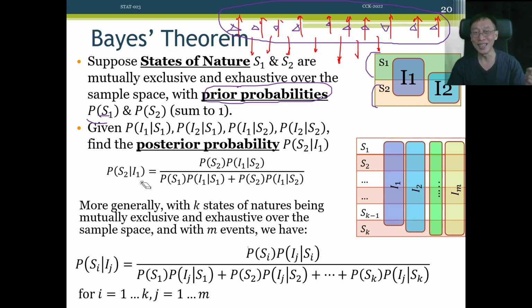But it is way easier, or at least feasible or cheaper or faster, to gather probabilities like this. Given S1, what's P of I1? Given S2, what's P of I1, I2? Because conditional probabilities done this way are easier to gather, but what we really want is the other one, the flipped over conditional probabilities. So what do we do? We gather all these numbers and use Bayes' theorem to flip them. So that would be another big application of Bayes' theorem.